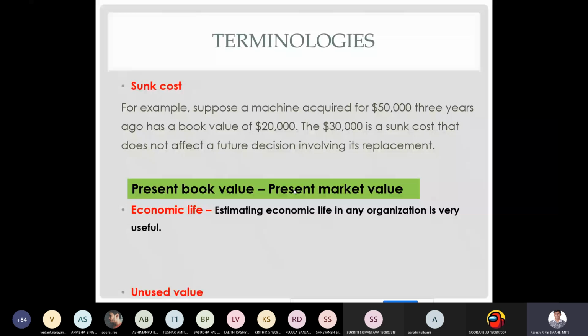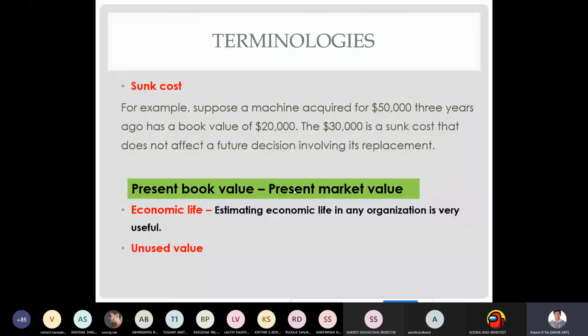Okay, unused value. Unused value is nothing but the value of the equipment which has not been used. Say for example, you purchased a machine 3 years ago. At that time, it had a service life of say 6 years. Since you have already completed 3 years, those 3 years have become sunk. Now the remaining 3 years, out of 6 years, we call unused value.